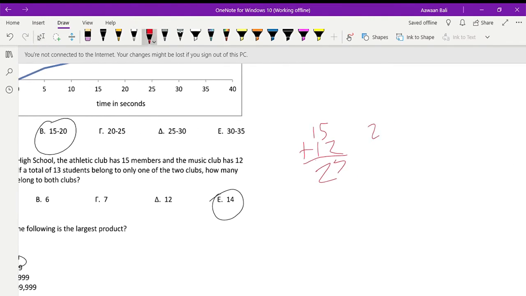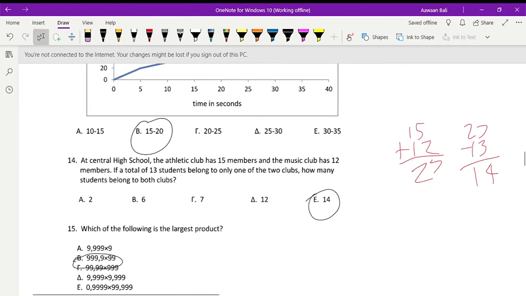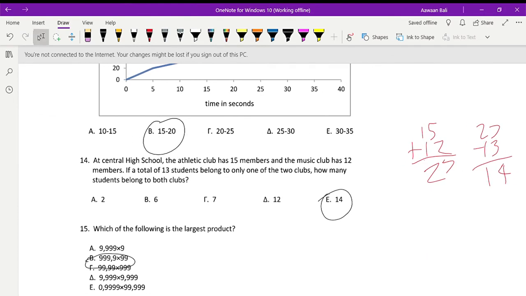So 13 members only belong to one of the two clubs, which leaves the 14 students which belong to both clubs. So that means the answer is 14, eta. You just have to take the number of members minus the people we know are only participating in one club, and we'll have the rest. So the answer is eta, 14.